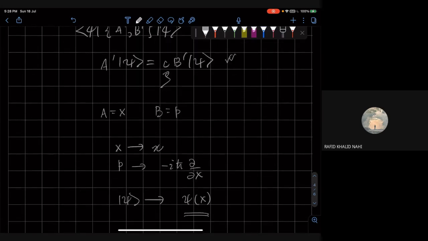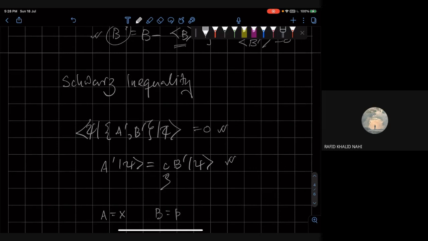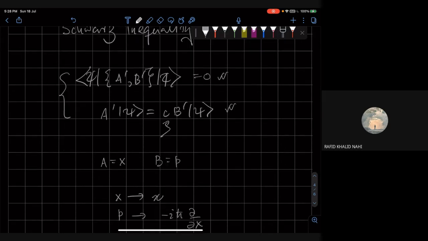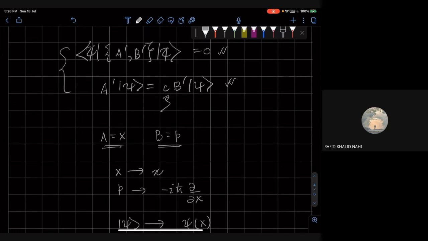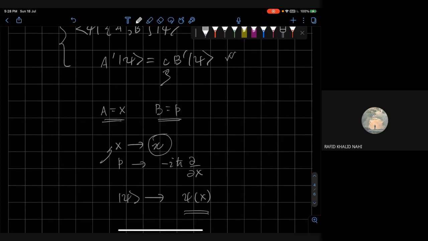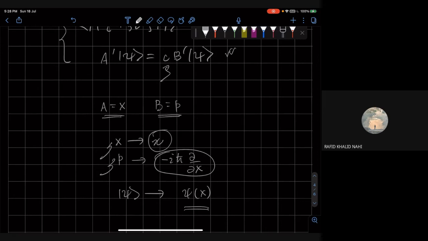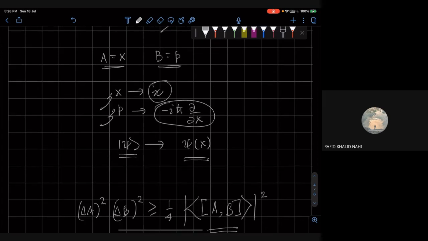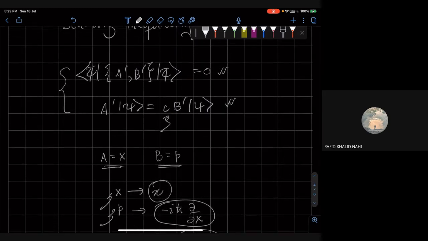Okay, so show that, and then what you have to do is take those two conditions given here, take A to be X and B to be P, and use the fact that X in the position basis is just the number X, and P in the position basis is this differential operator. And the vector psi is just given by psi of X. Then you can interpret these equations as differential equations.